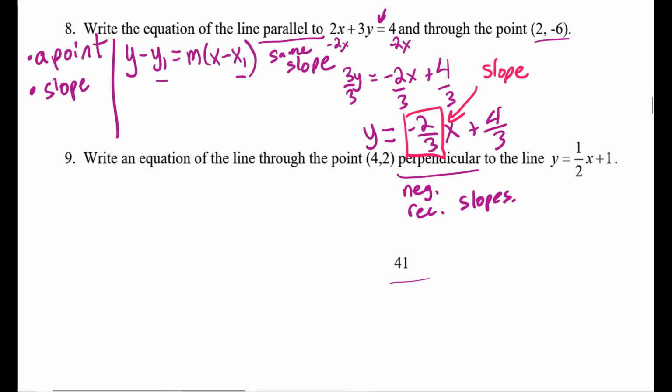And if I want to write the equation of a line parallel to it, I'm just going to take that same slope. So I'm going to start plugging into point-slope form. Y minus a negative 6 would just become plus 6 equals my slope, which is negative 2/3, times x minus my x-coordinate of the point, which is just 2.